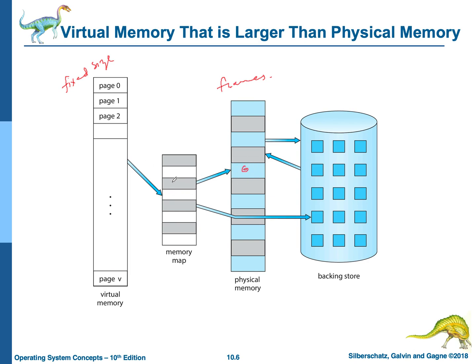If a page, let's say page 2, is looked up and it is allocated at this location, then it's fine. But if we are looking for page number n and it is not found here, then it will be searched from the backing store or secondary storage. So this is an overview. We have a virtual memory, a physical memory, memory mapping, and the backing store.